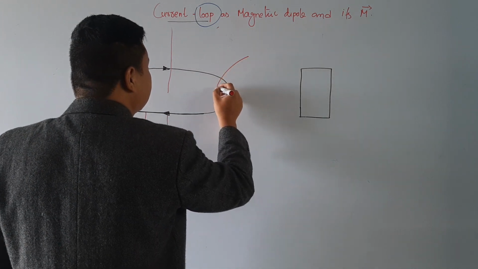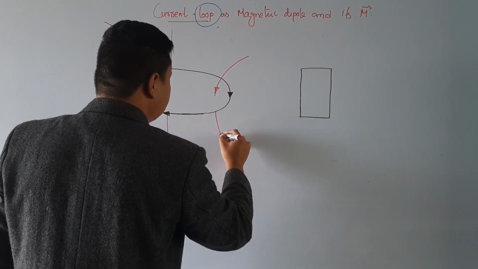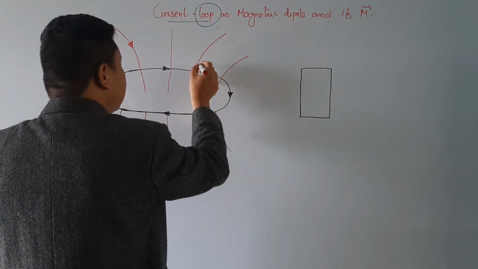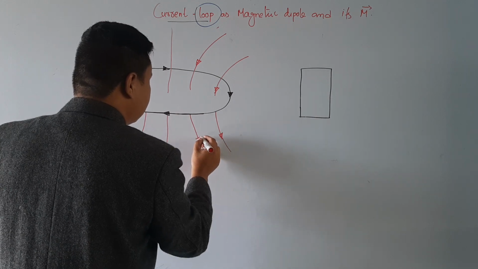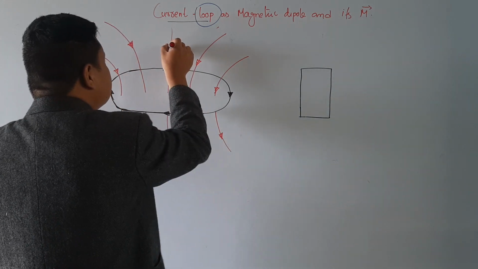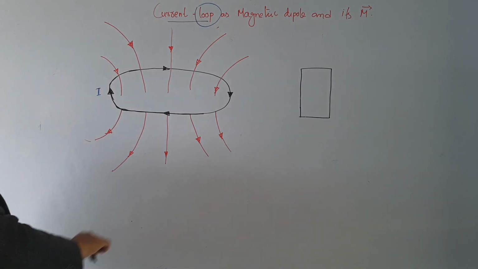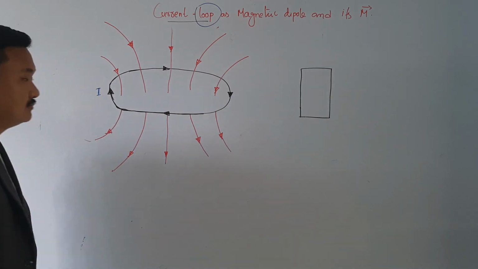At each and every point the magnetic field is going inside, and from this outer part it is going outside. Remember, this is making a loop everywhere.